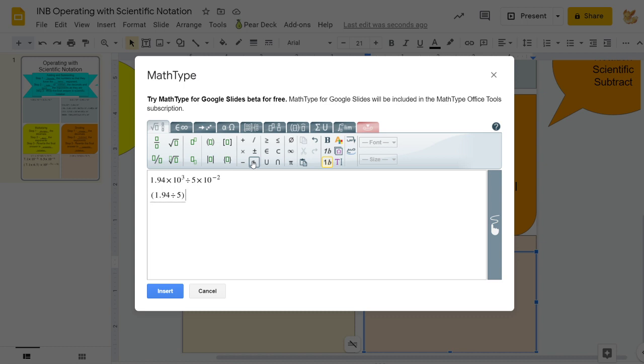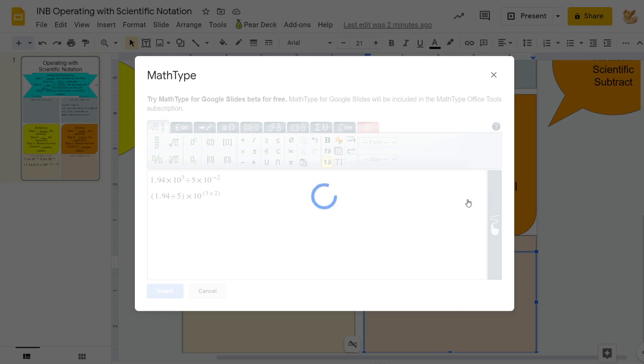And then you'll find out that you're going to multiply, because scientific notation is always times 10 to a power, and you're going to do 3 minus negative 2, which ends up being 3 plus 2. And then you're going to solve for that one.